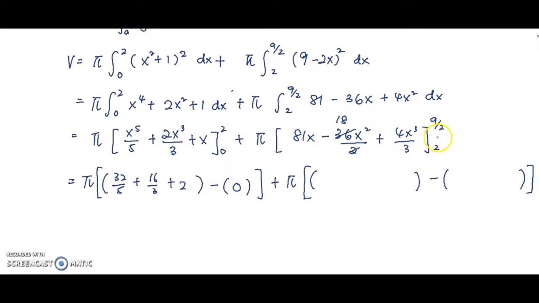Now for the second integral, you put in 9 over 2: 81 multiplied by 9 over 2, minus 18 multiplied by 9 over 2 squared, plus 4 over 3 multiplied by 9 over 2 cubed. And put in the 2: 81 multiplied by 2, minus 18 multiplied by 4, plus 4 over 3 multiplied by 8.